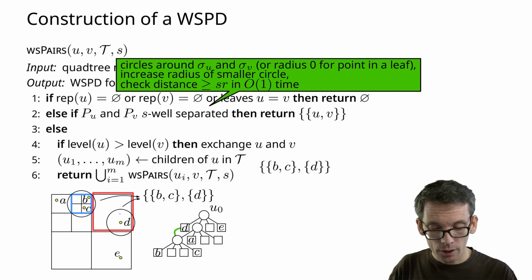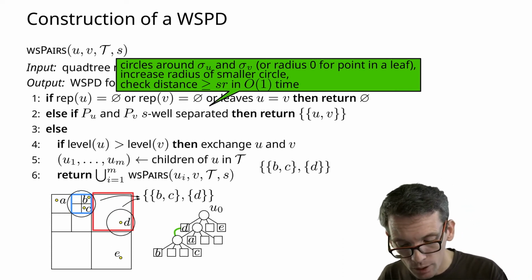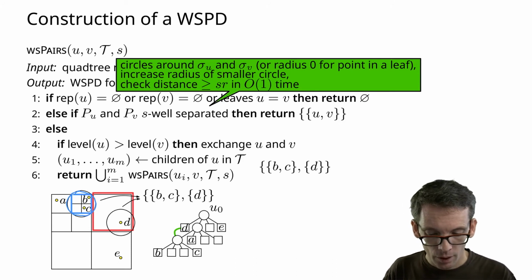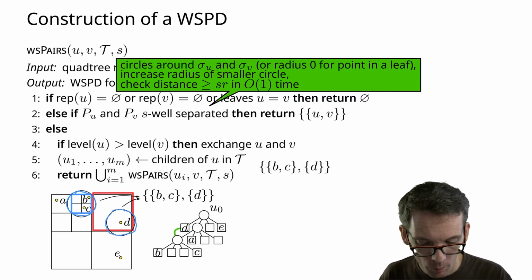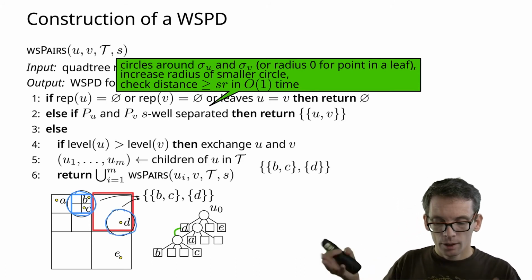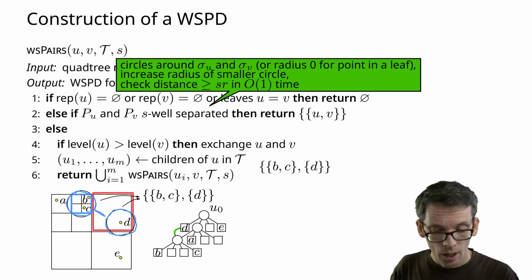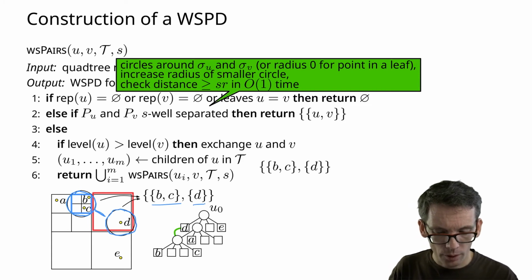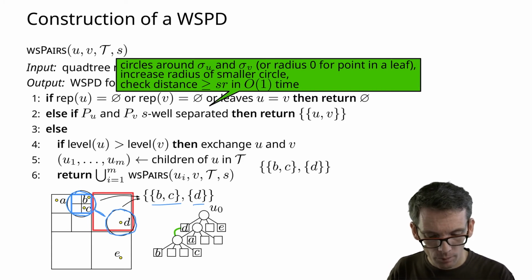And now, for instance, this is well separated. Again, you see I'm taking simply the disk around that square. I'm placing a disk of same radius around that point. It is well separated. So I'm going to report this pair. So this is my pair as such.